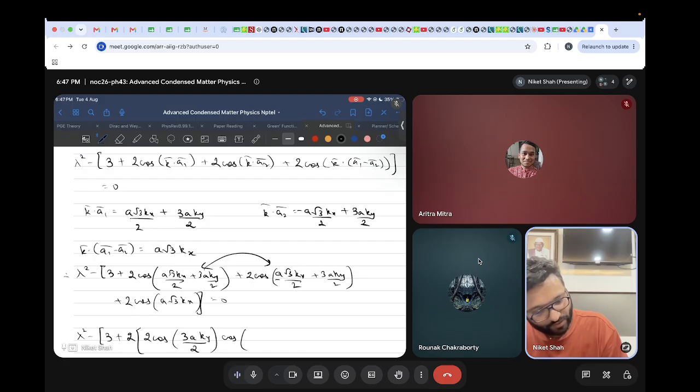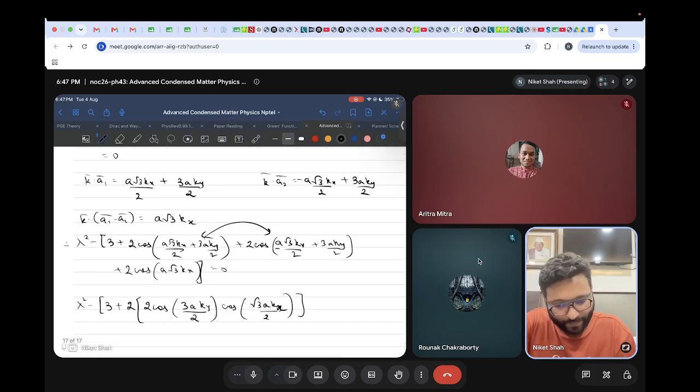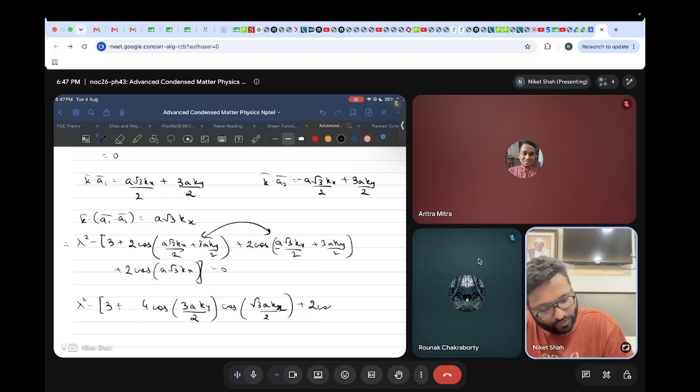I have to subtract these two, so cos root 3 a kx by 2, which means this is just simply 4 cos of this plus 2 cos of a root 3 kx.